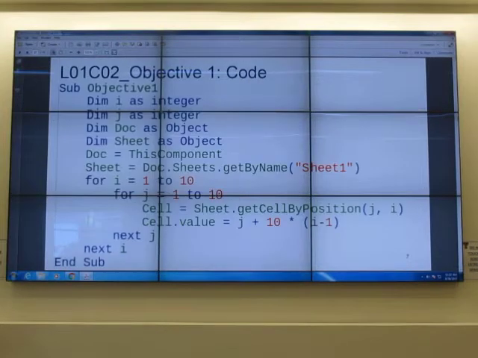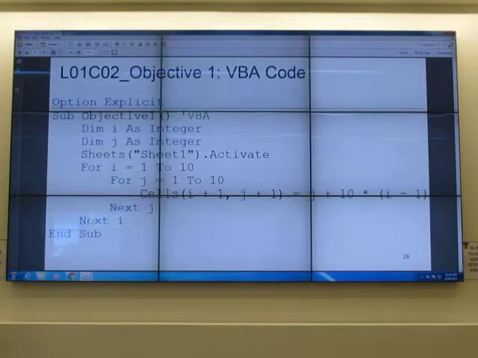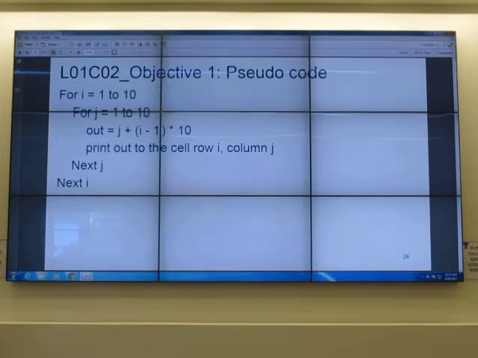But for OpenOffice, you have to use this component .sheet that gets cell by name, get by position, or something. The way of writing is longer. If you want to write as short as VBA, you do what? VBA support option equal to 1 or something. Remember that?